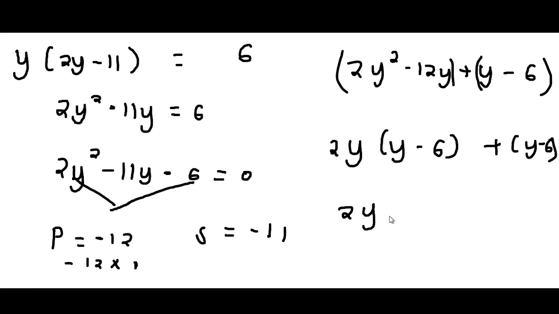So 2y plus 1 equals 0, and our 2y will be negative 1, so the value of y can be negative a half. And it can also be y minus 6 equals 0, so the value of y will be 6. And that's the solution to that question.